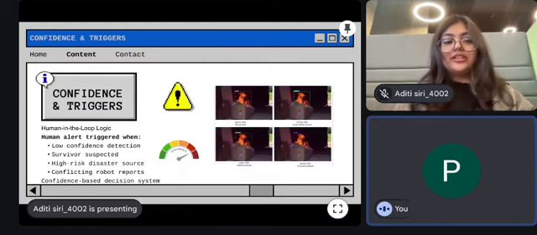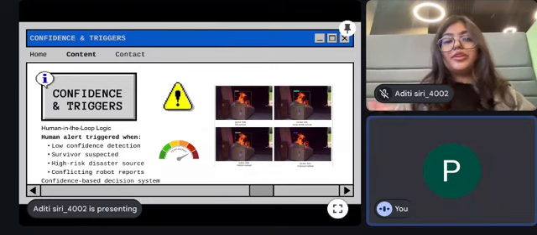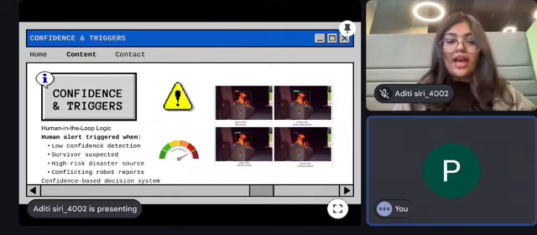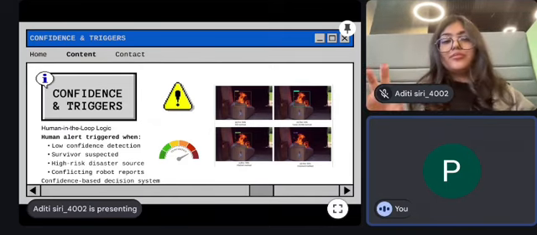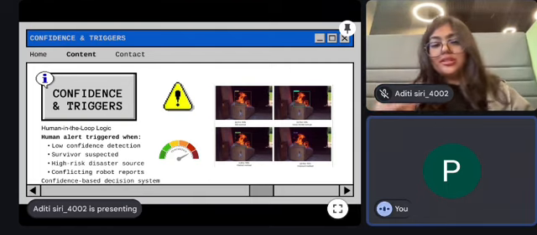Then comes the confidence and trigger. When there is a trigger alert given in our front end, that means the confidence of the particular image is low. Suppose a robot is detecting fire in our locality, it sends the snap of that particular image, what it is looking at, and how confident it is about its detection.